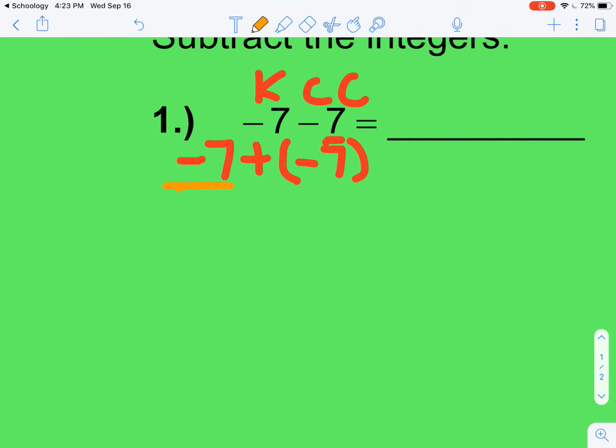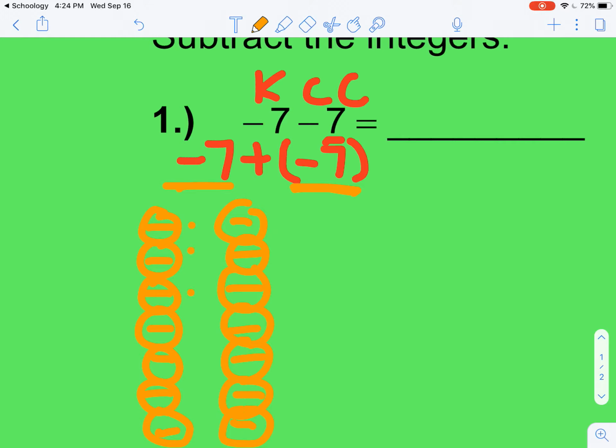So I have a negative 7, so that tells me I'm using 7 minus signs. 4, 5, 6, 7. And I'm also adding 7 minus signs. Now, all of these are minus signs, so none of them can cancel out. So what that means is I'm just going to add them all up.